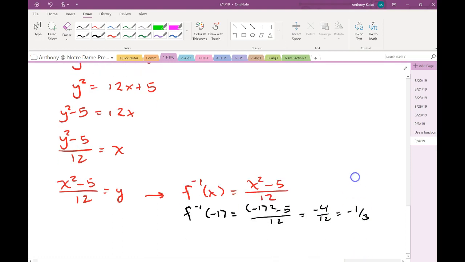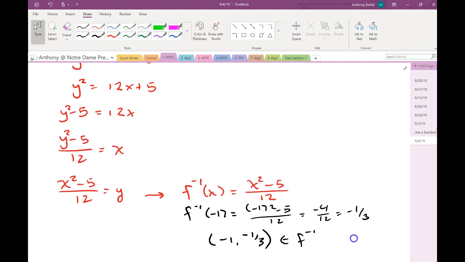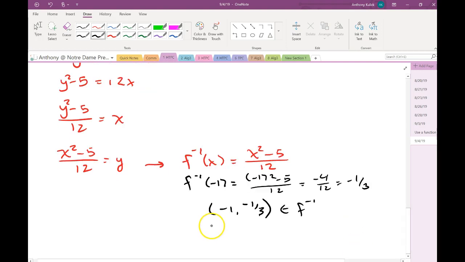Everybody's okay? So no issue there, right? Seemingly. So it tells me that the point negative 1 comma 1/3 is a member of f inverse. Right? That's what that means? What would that tell us about f then? Negative 1/3 comma negative 1 should be a member of f. Does that make sense?